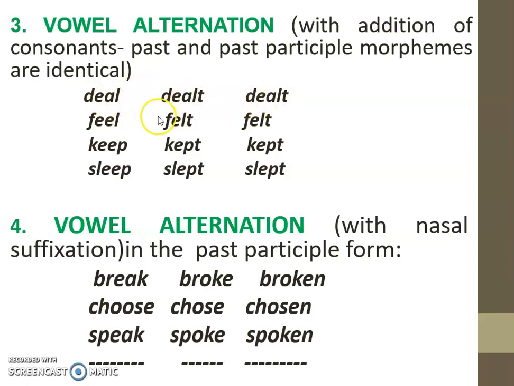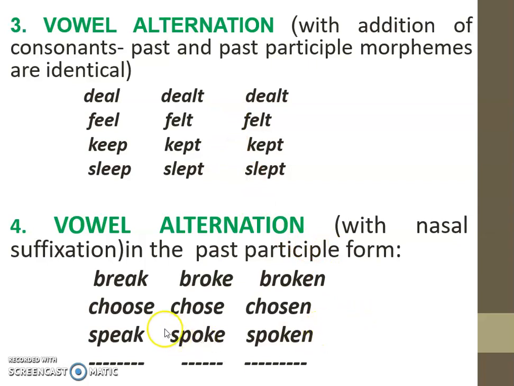Dealt, dealt. Feel, felt. Keep, kept. So the fleece changes to the dress. There is vowel alternation. But at the same time, we are adding consonant sounds. We are adding the consonant sound t, right? So there is vowel alternation with addition of consonants.